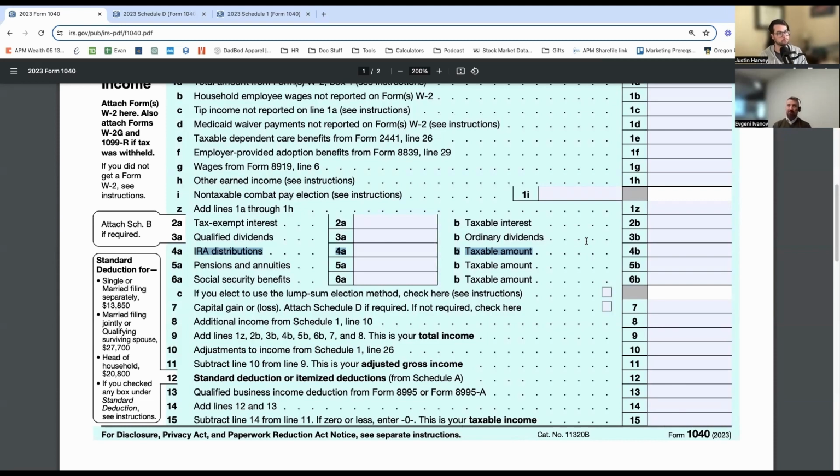When you do a backdoor Roth IRA, the way it works is you contribute money to an IRA. Your advisor, who's managing your IRA account, then converts and contributes the money right away to a Roth account. But when that happens, they need to issue a Form 1099-R, which is reported to the IRS.